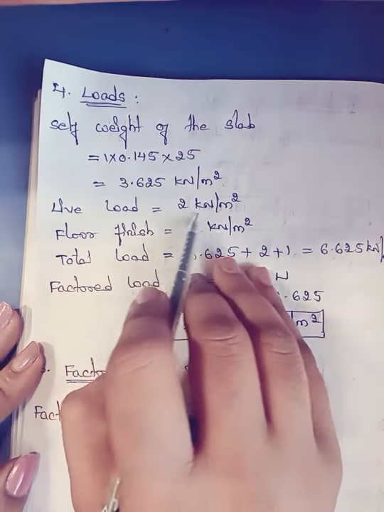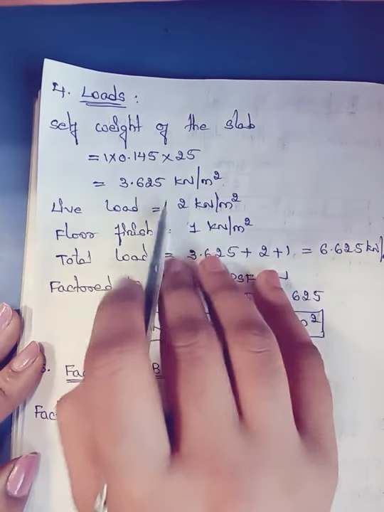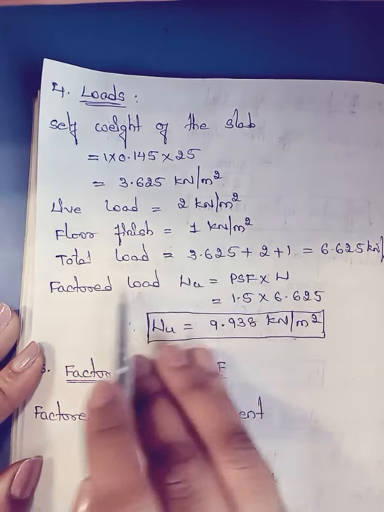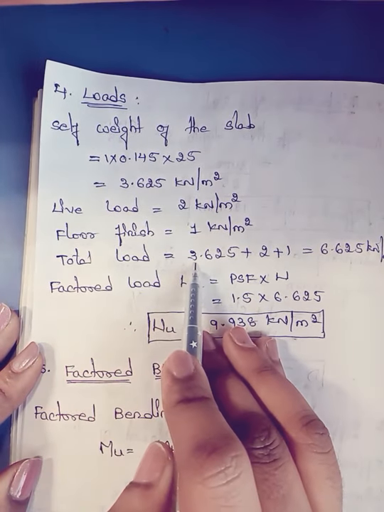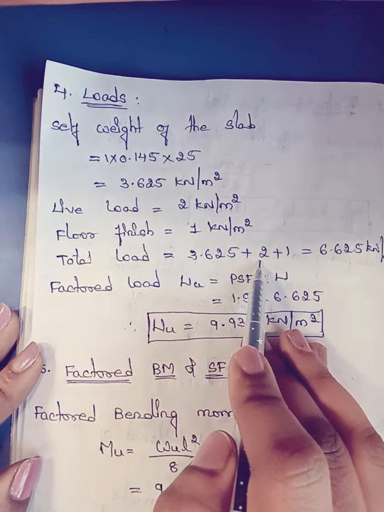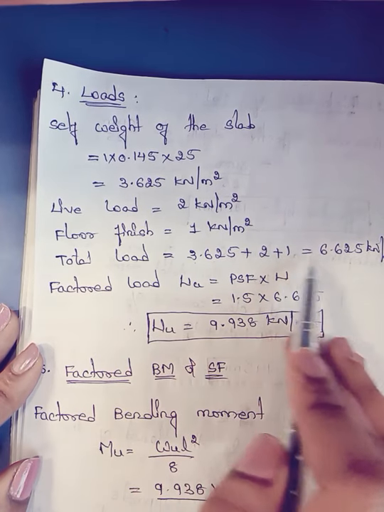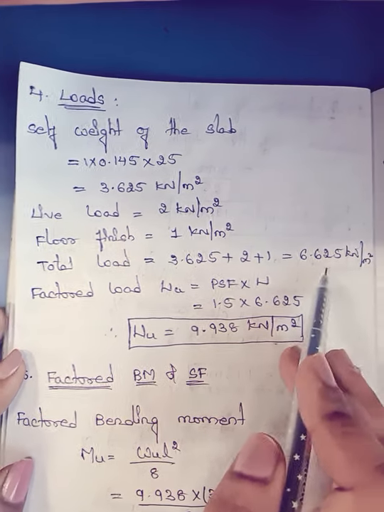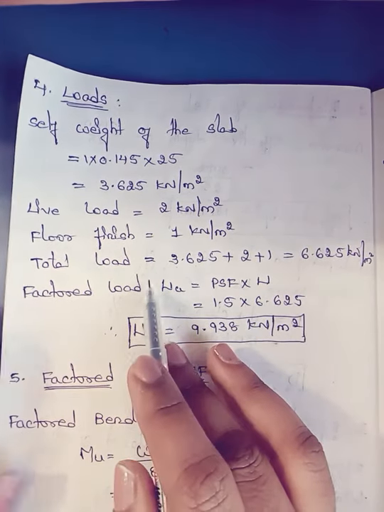Live load is 2 kilonewton per meter square, which is already given in the question. Floor finish is also given in the question, 1 kilonewton per meter square. So the total load is self weight plus live load plus floor finish, which is equal to 6.625 kilonewton per meter square.